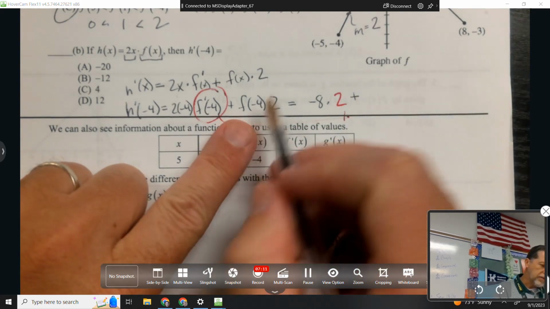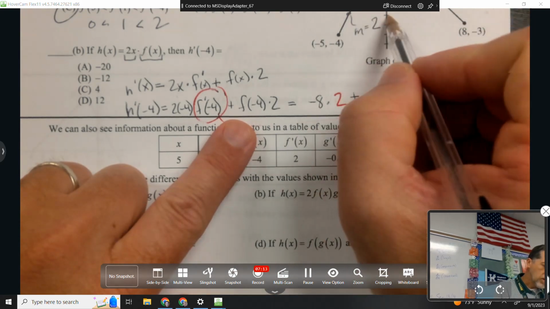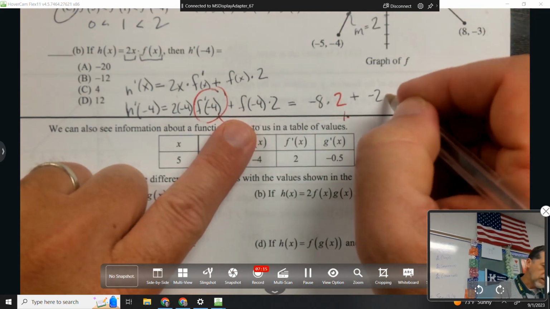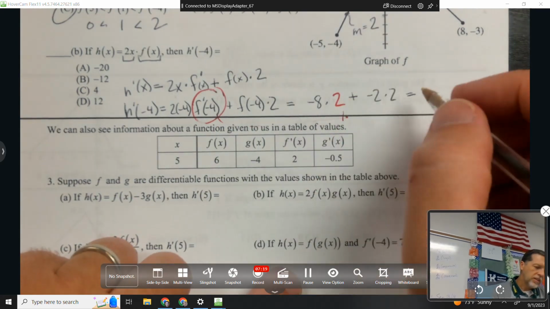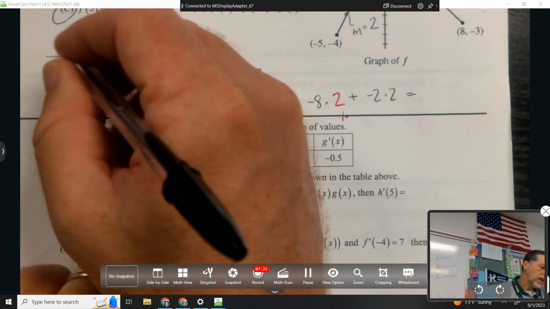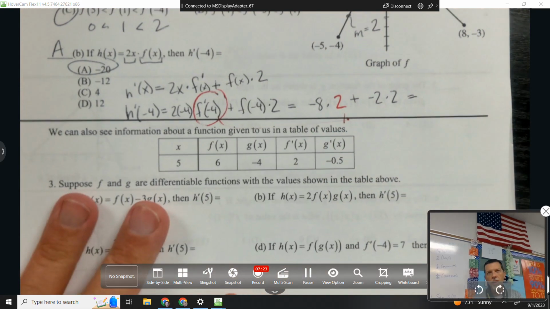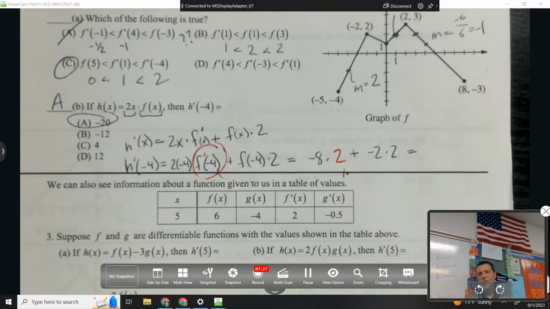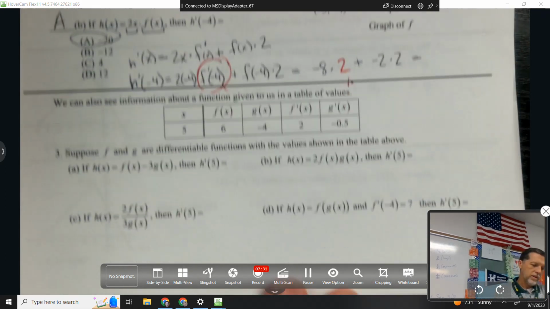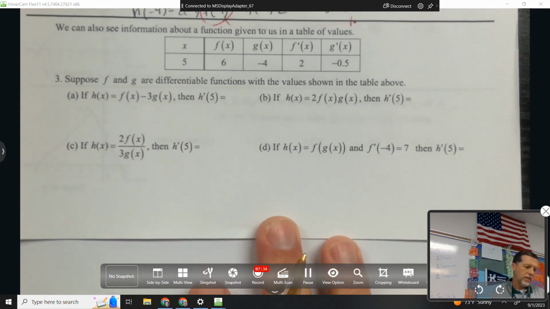F of -4 is -2 times 2. So -16 minus 4 is -20. Like I said, nothing new today, just more practice on the stuff that we sort of already know. Hopefully already know.